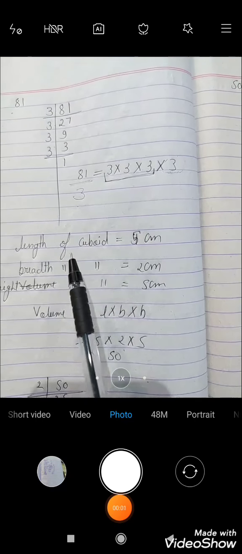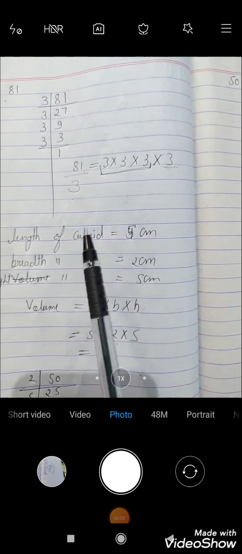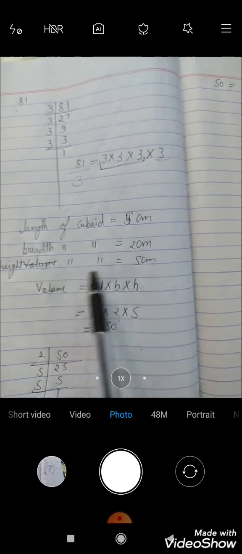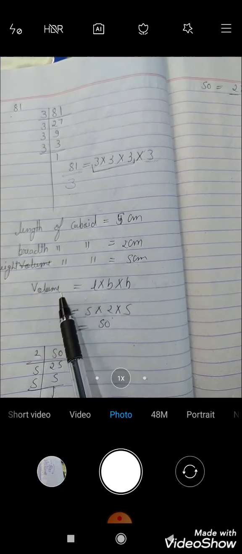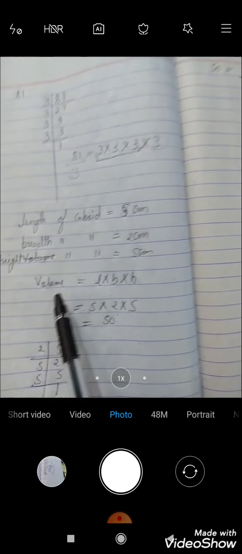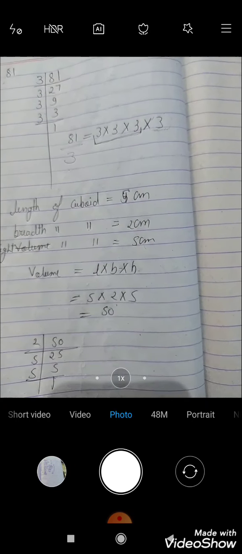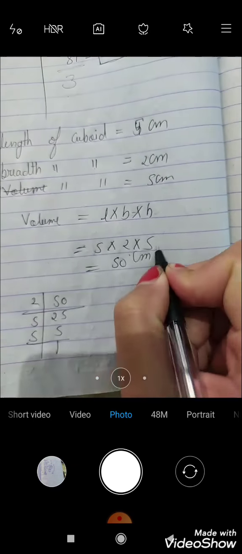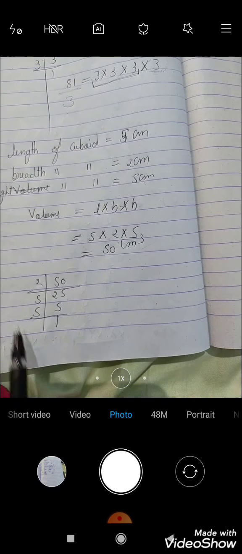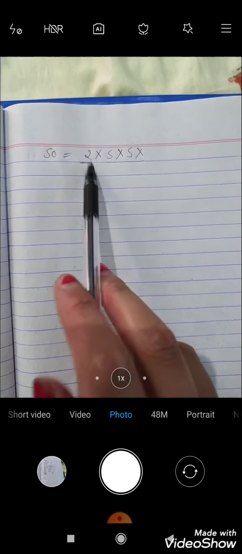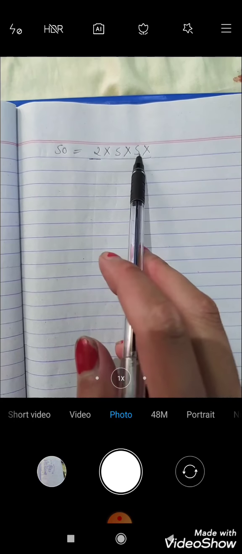So first we write all the measurements of the cuboid. The length of the cuboid is 5 cm, breadth is 2 cm, and height is 5 cm. Then the volume is length multiply by breadth multiply by height, and its volume is 50 cubic centimeters. Then we find the factorization of 50, which is 2 multiplied by 5 multiplied by 5.